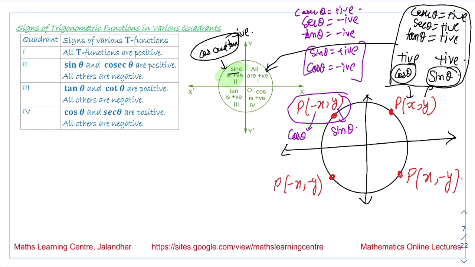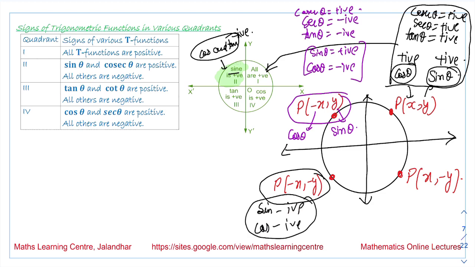So only sin is positive. When we are talking about this quadrant, sin is negative, cos is negative. So the division of both these, that is tan theta, will be positive. So we are saying tan is positive and all others are negative.